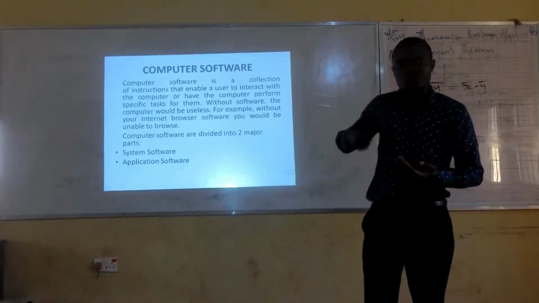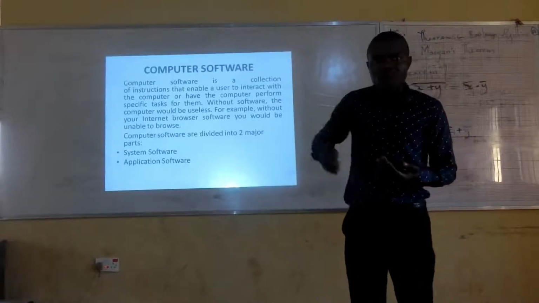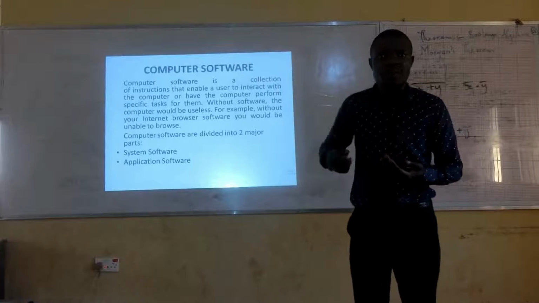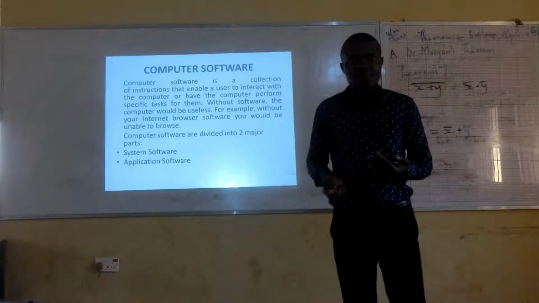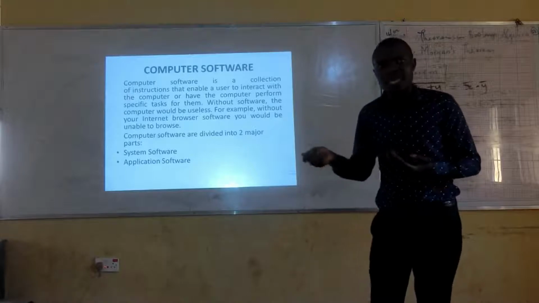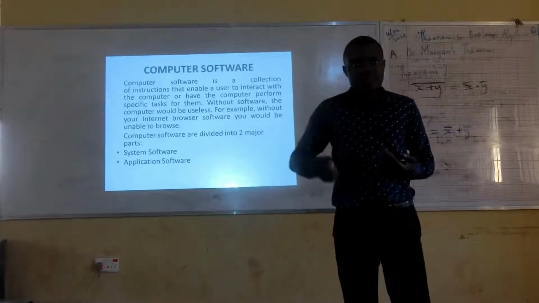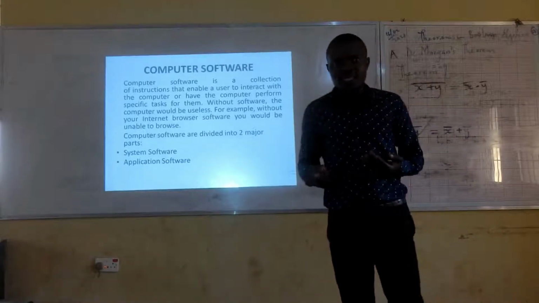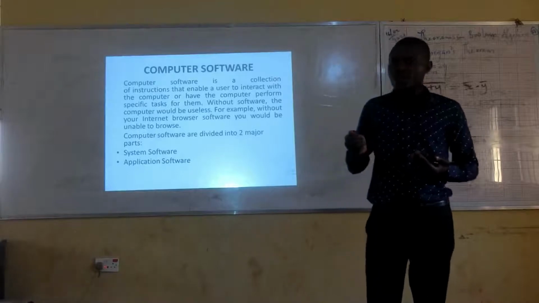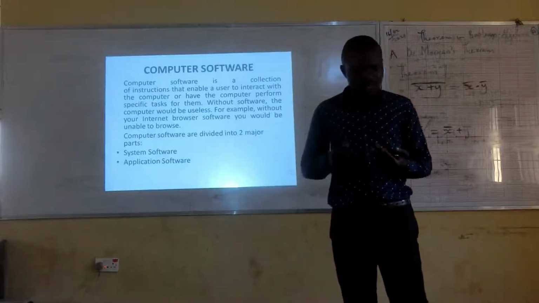So application software are software that are used to perform specific functions by the user. We have a word processing package, and the major example is Microsoft Word. We have the presentation package, Microsoft PowerPoint. And so on and so forth.